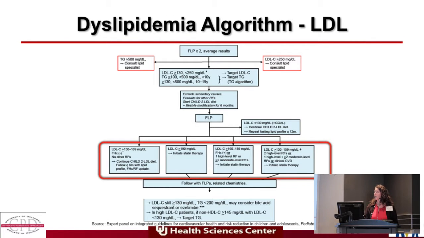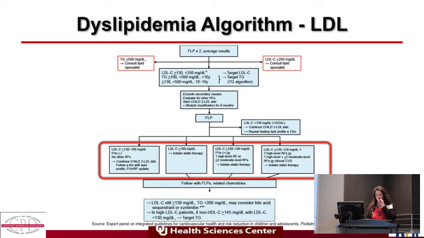With LDL, again, so fasting lipid panel, if it's high, you want to repeat it. But if it's over 250, and at our institution, our endocrinologist wants to see them if it's over 190. So again, that's why I say it's institution dependent. But the guidelines say if it's over 250, to go ahead and send to a lipid specialist.